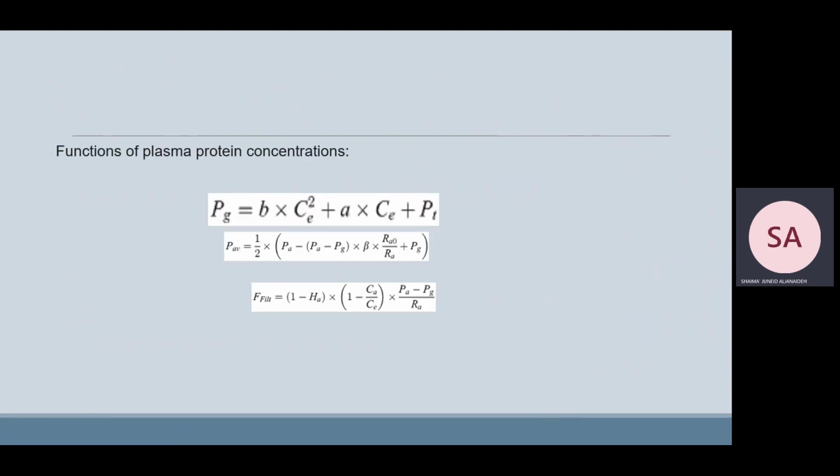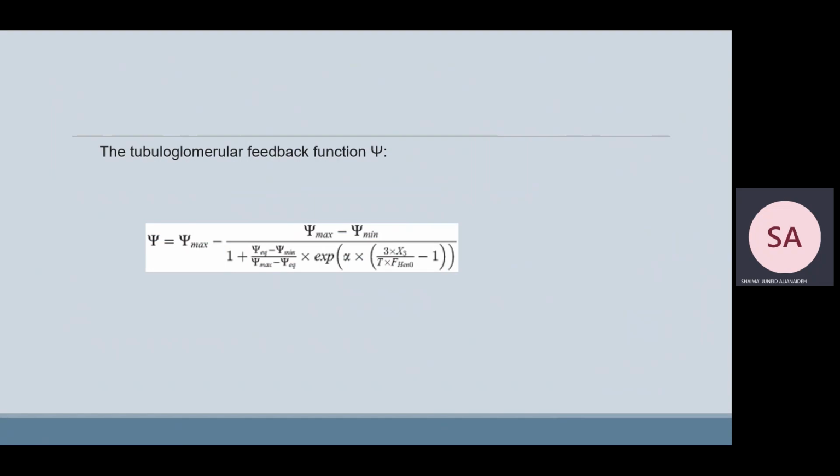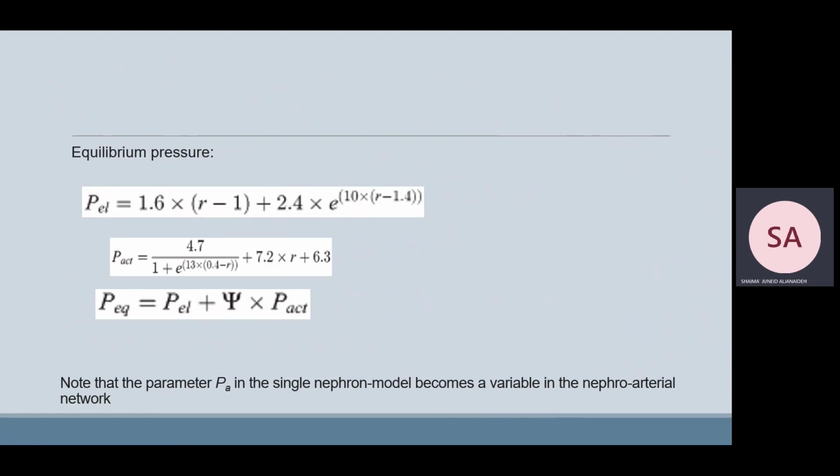We use these equations to determine the functions of plasma protein concentrations, and we use this equation to determine the tubuloglomerular feedback function. Finally, we use these equations to determine the equilibrium pressure, but notice that the parameter PA in the single nephron model becomes a variable in the nephron arterial network.